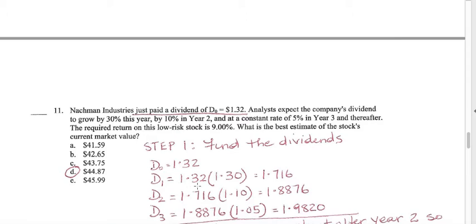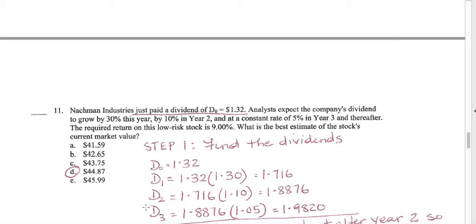So 1.32 times 1.3 is 1.716. In the second year, you're told the dividend increases by 10%. So 1.716 times 1.1 equals 1.8876.